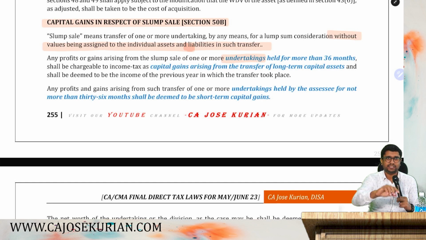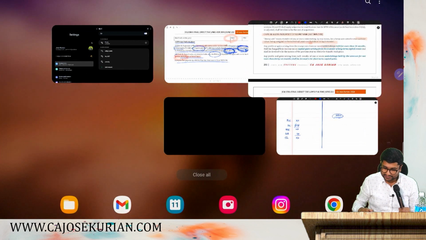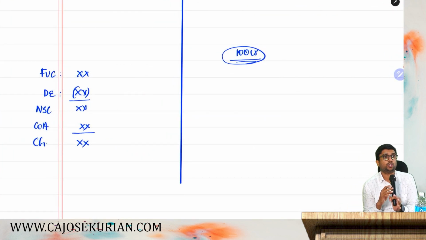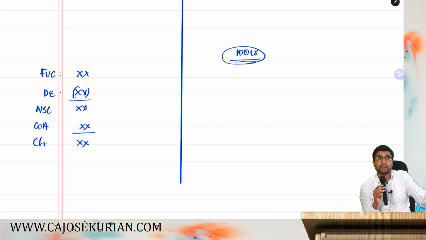Now listen friends. If the entire business is considered as a single asset, then the first thing that you should know is whether this asset is a long-term capital asset or a short-term capital asset. Yes or no? How do we decide whether this undertaking is a long-term or short-term capital asset? It depends upon the period since commencement of business.